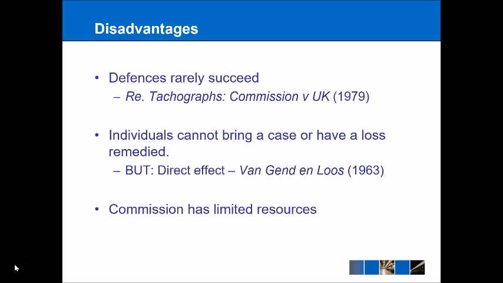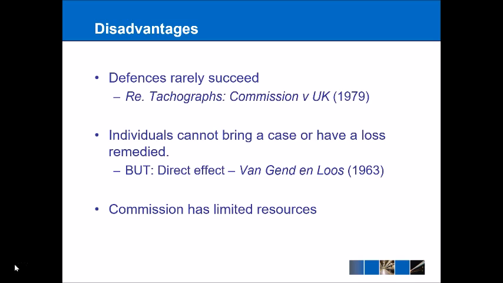Another disadvantage is that you as an individual couldn't bring a case under Article 258 or 259. These are focused on the Commission bringing a case in Article 258 or the member state bringing a case in Article 259. So individuals are excluded from the process, but I've put there that individuals can also look at direct effect. This comes back to the idea that I mentioned earlier about seeing EU law as a whole.